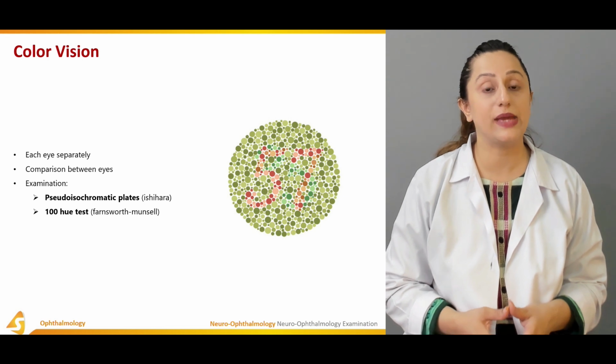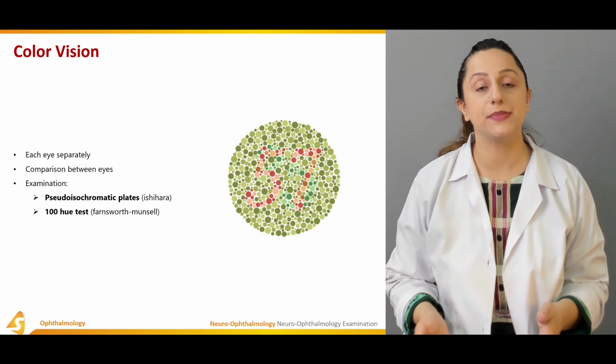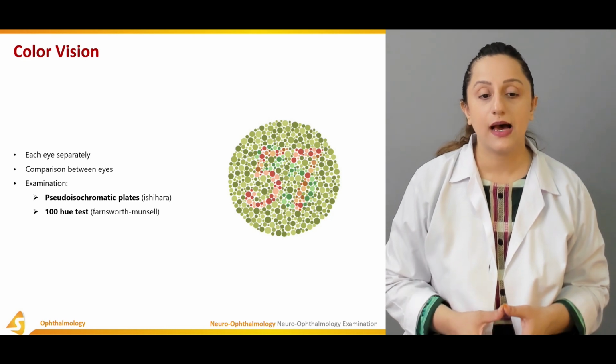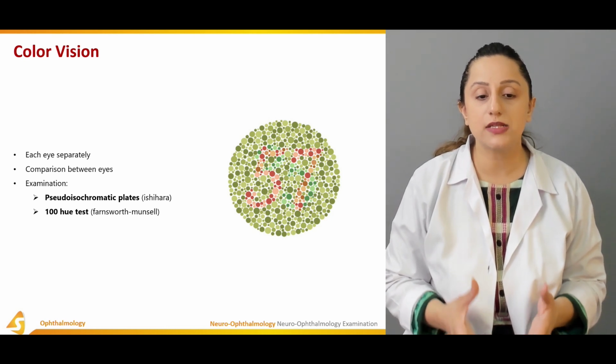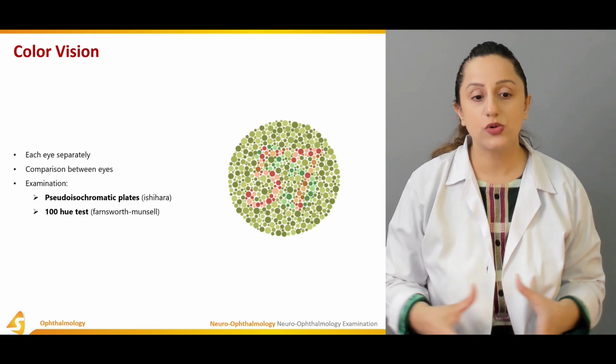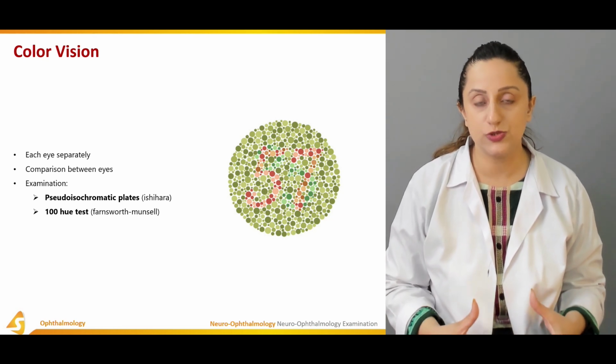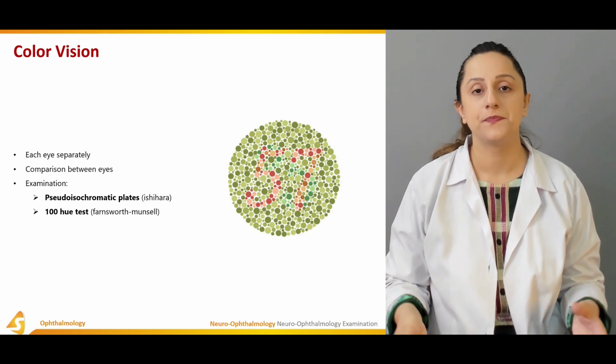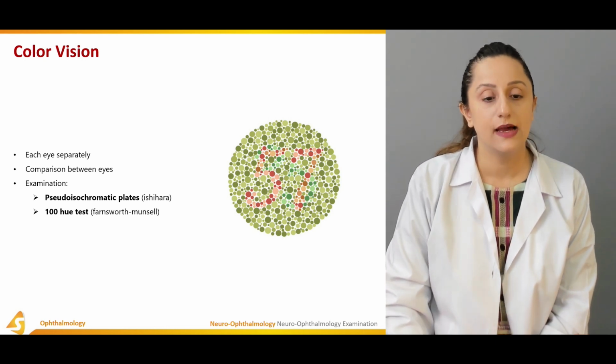On the other hand, we have some other modern techniques. For example, we have the 100 hue test that is used these days. That's also known as the Farnsworth-Munsell method. So these are some of the charting methods, and then we have those lens kinds of methods that include the 100 hue test.